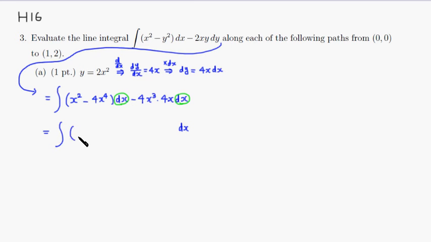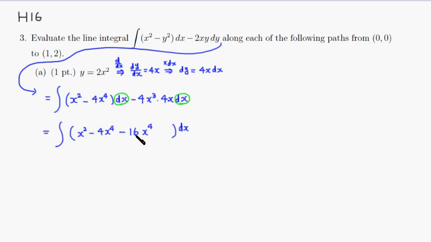What's left is x squared minus 4x to the 4th power, and here you have a minus 4 times 4, which is 16, x to the 4th power.